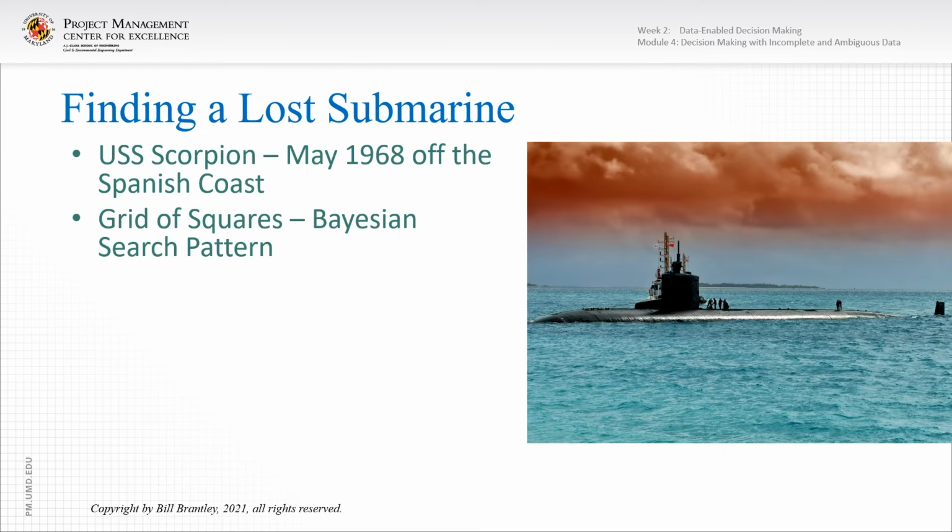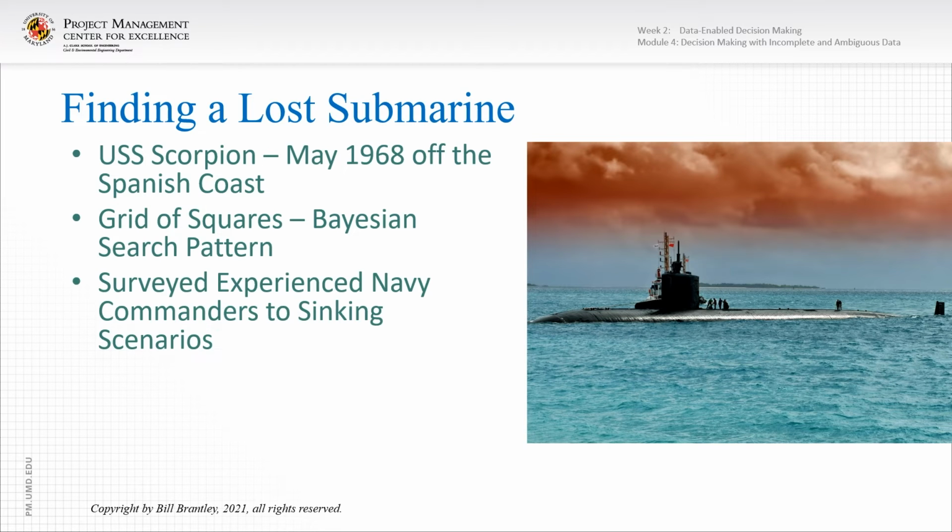So they laid a grid over the ocean floor near the Spanish coast. They calculated at the beginning the probability that the submarine was in each grid square, and as they searched the grids, they would update the probabilities.